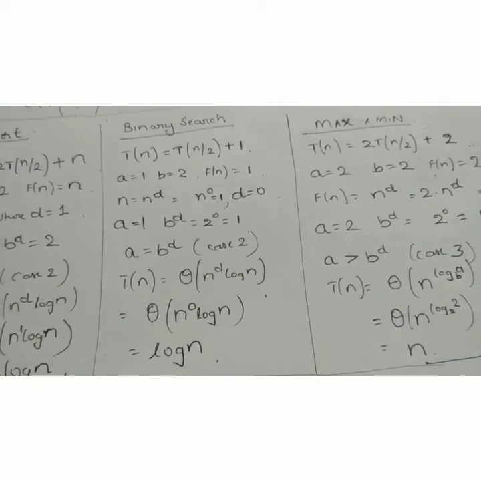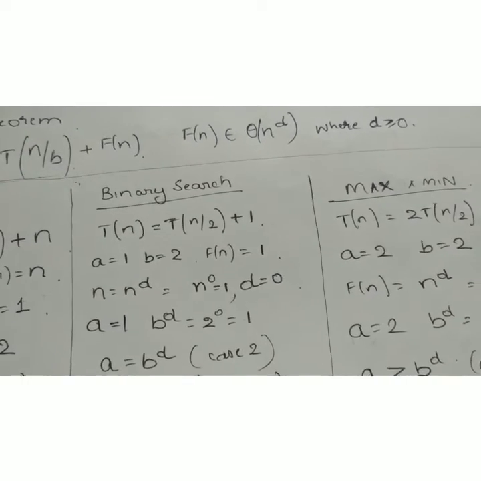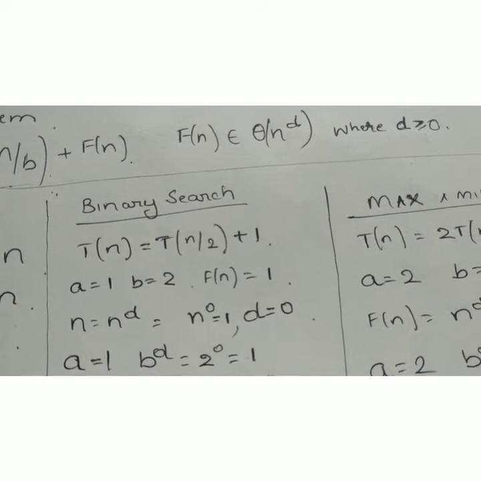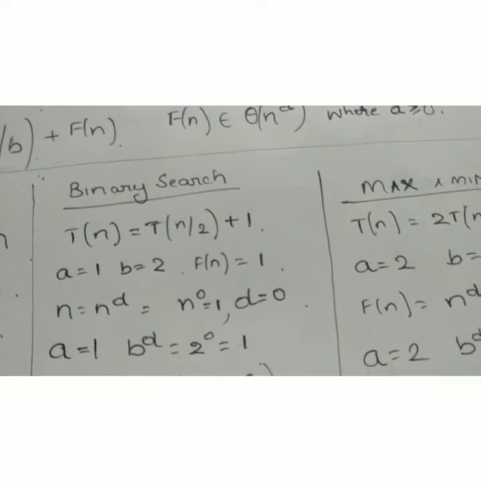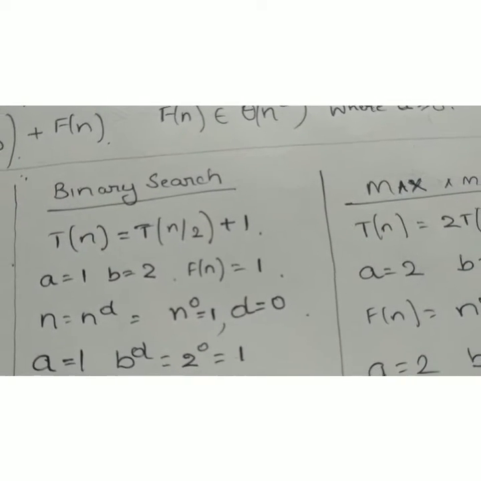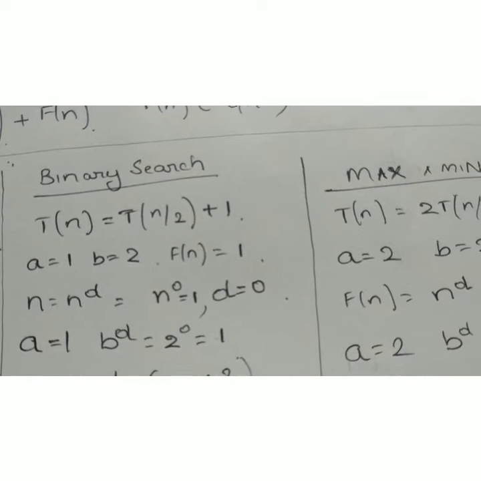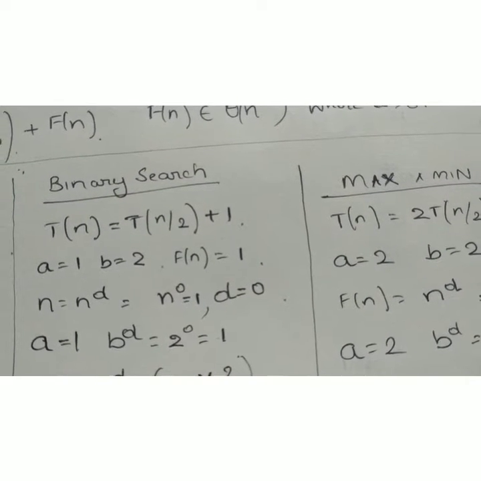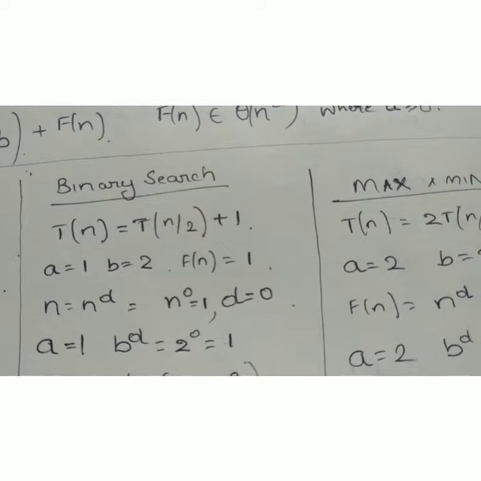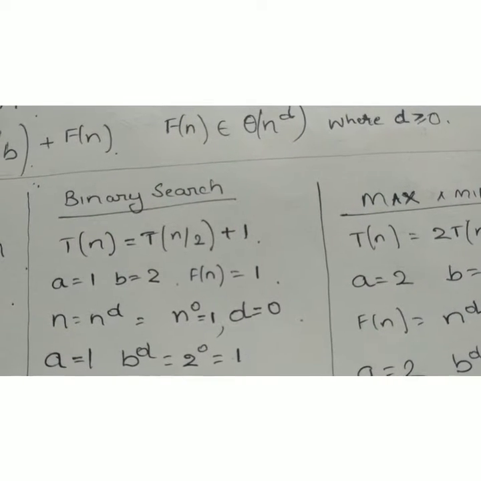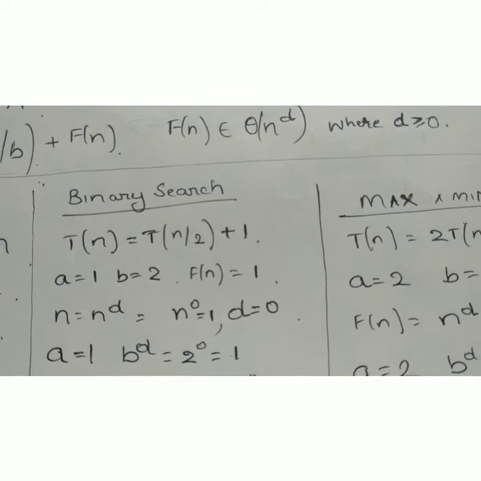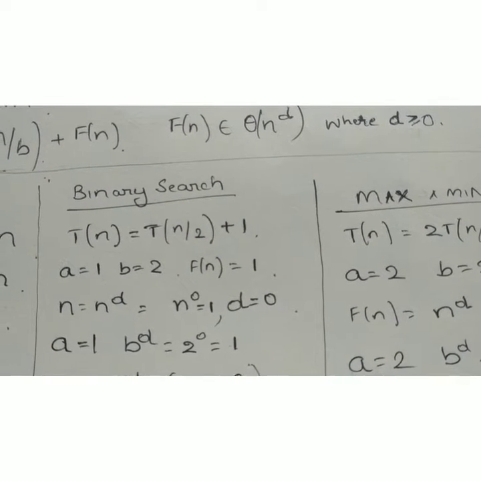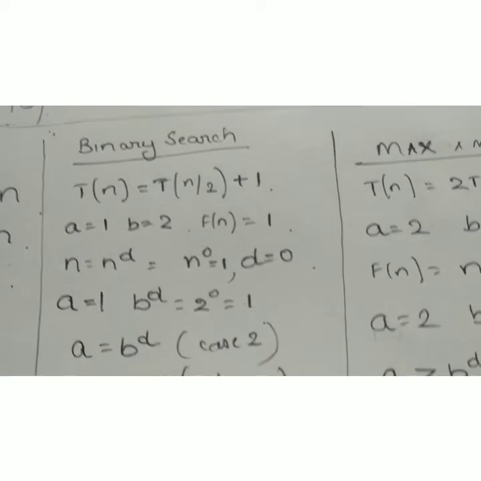Similarly for binary search, it is T(n/2) plus 1. So here f of n is equal to 1. Here n to the power of d should be represented in terms of 1. This will be equal to 1 when d is equal to 0, so that becomes n to the power of 0, which is equal to 1.